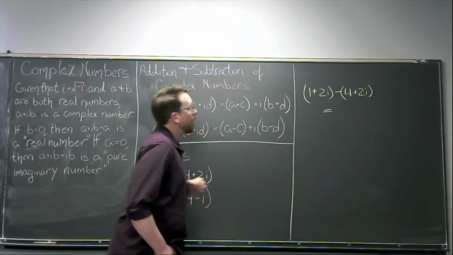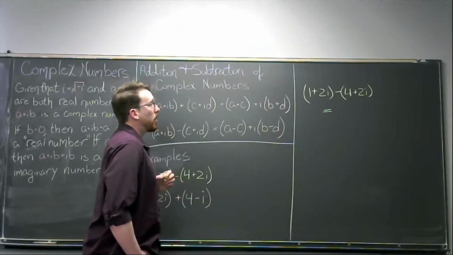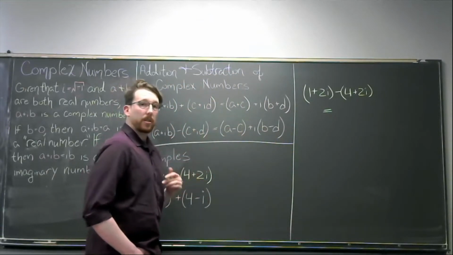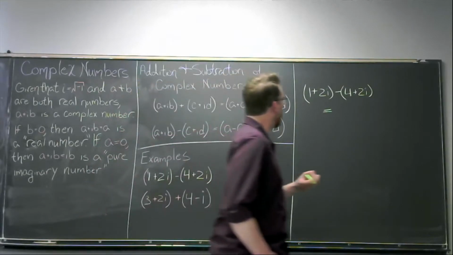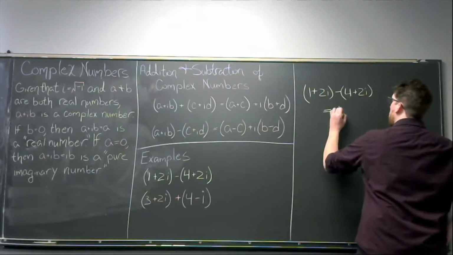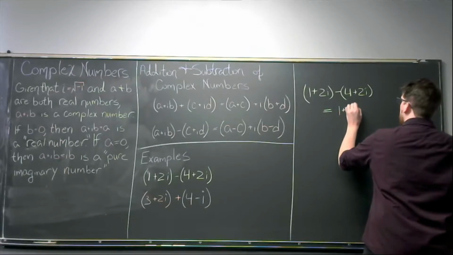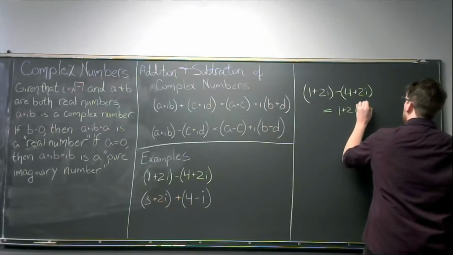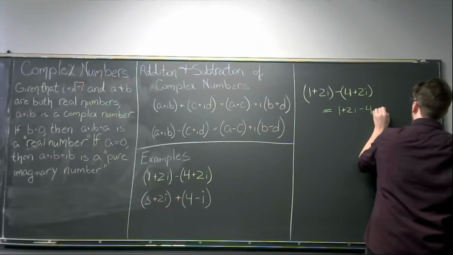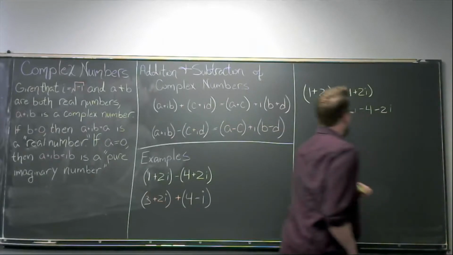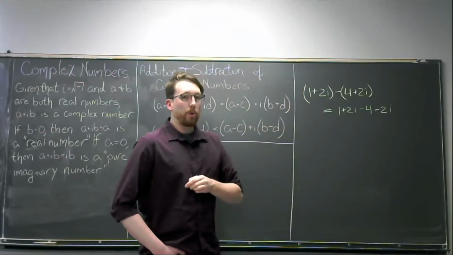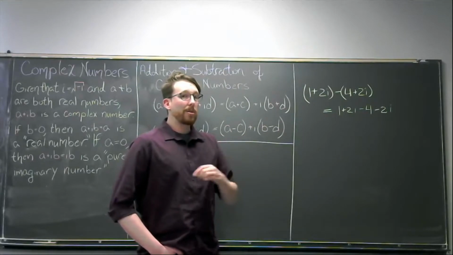We can distribute that negative all the way through and drop those parentheses like I was saying a second ago. We're going to have 1 plus 2i minus 4 minus 2i. You're going to want to group the real part and the imaginary parts together.